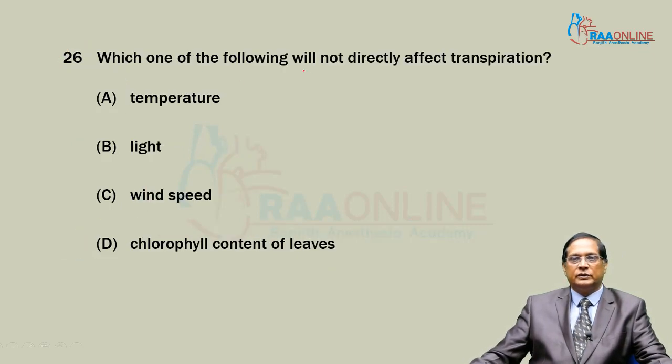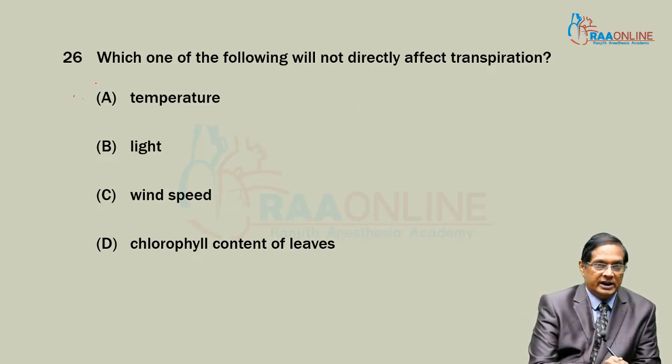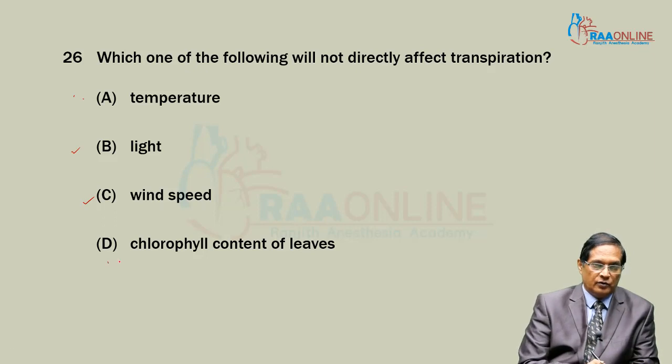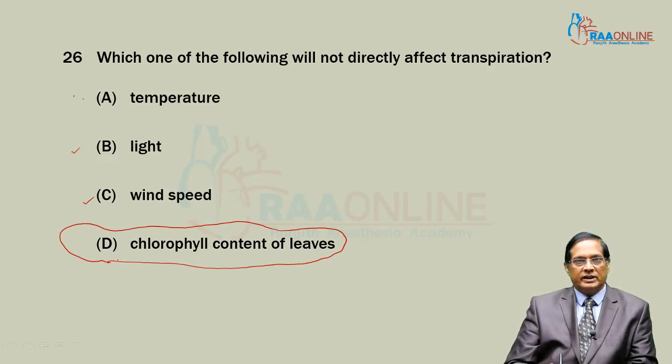26. Which one of the following will not directly affect transpiration? Temperature, direct effect; light, direct effect; wind speed, direct effect; chlorophyll has no direct role. Chlorophyll is required for photosynthesis only. It absorbs solar energy, which is responsible for the preparation of food.